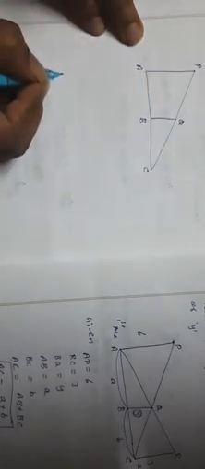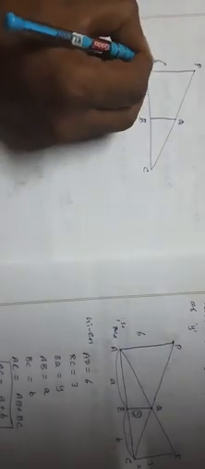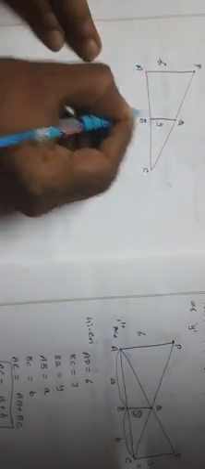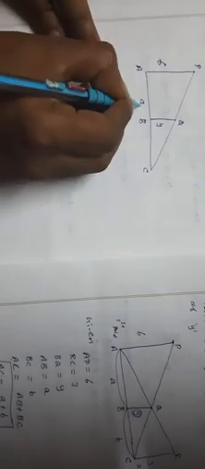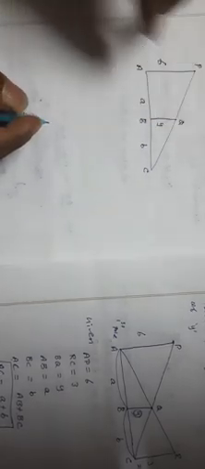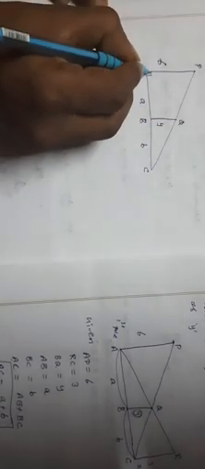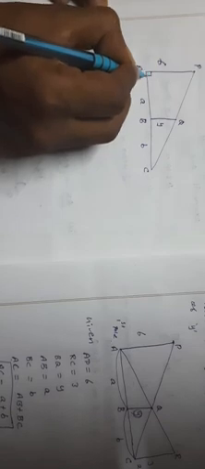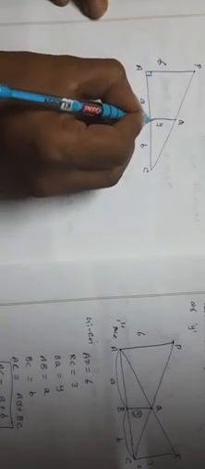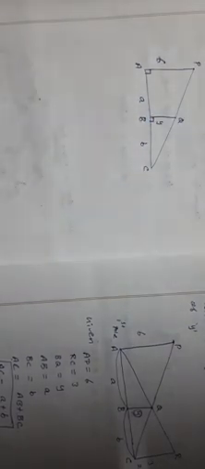Now substitute here: AB is equal to 6, BQ is equal to y, AB is equal to a and BC is equal to b. Now you want to prove the triangles are similar. At point A the angle is 90 degrees and at point B the angle is 90 degrees. Now you want to separate the triangles.